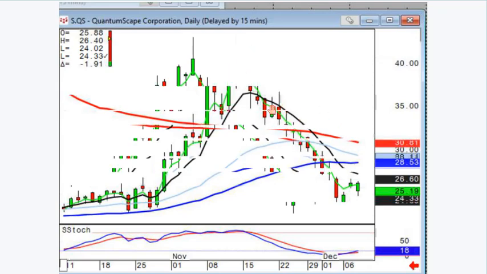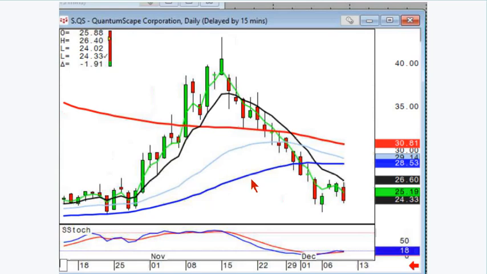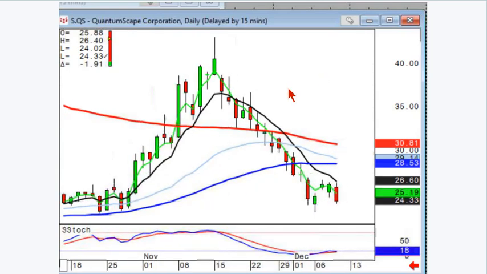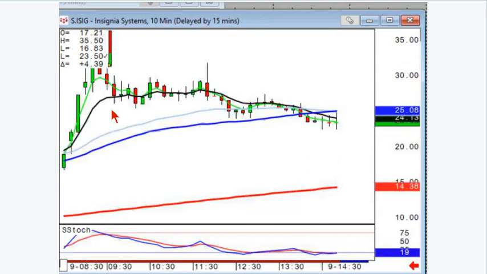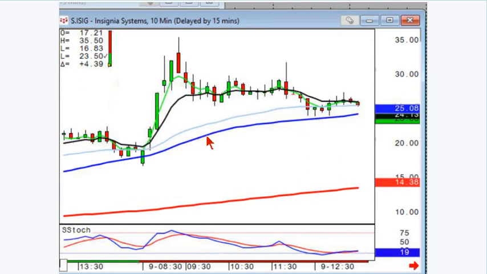If I go to my 10-minute chart, I'll try to find one. Let's go back to this one. If I go to my 10-minute chart, I say, oh, they're gapping up.